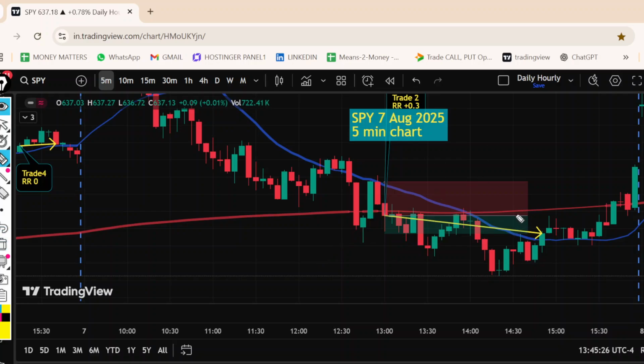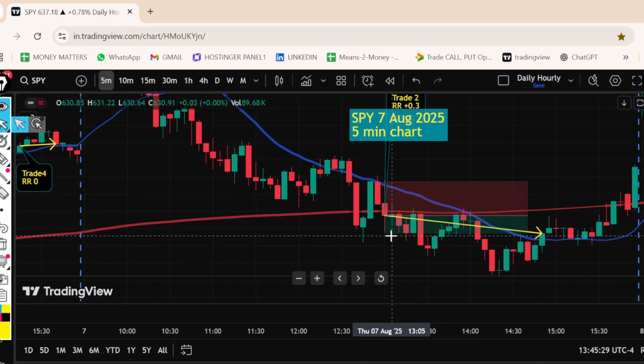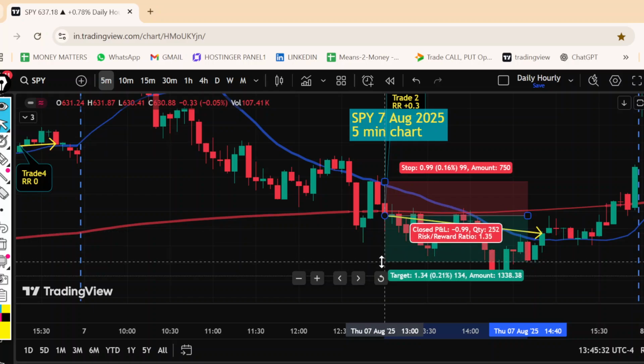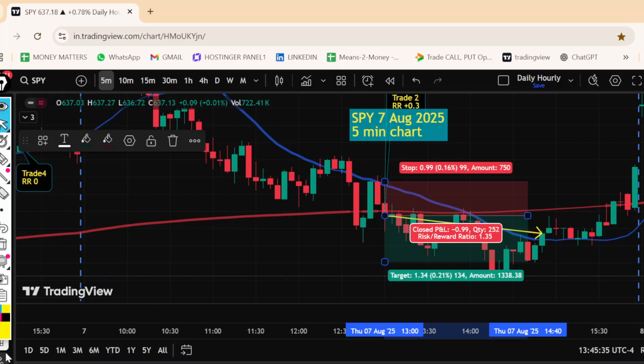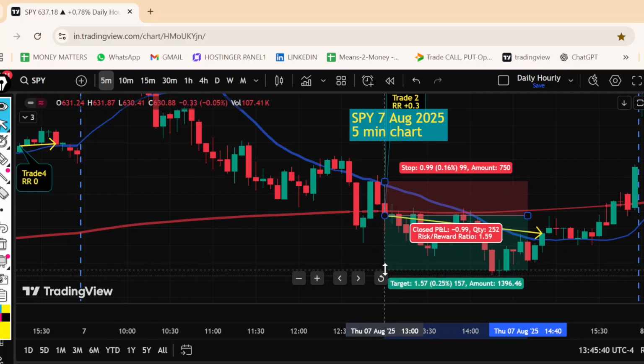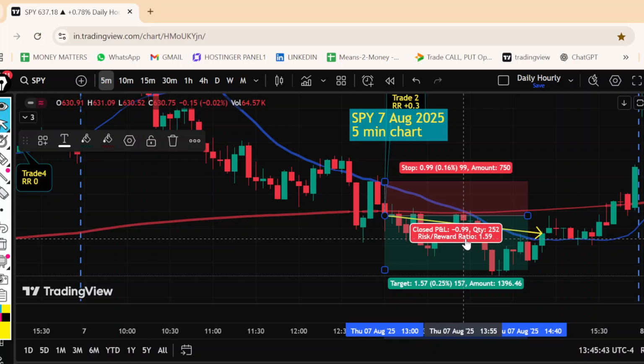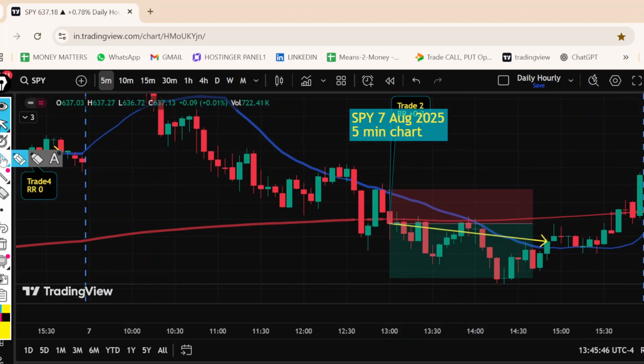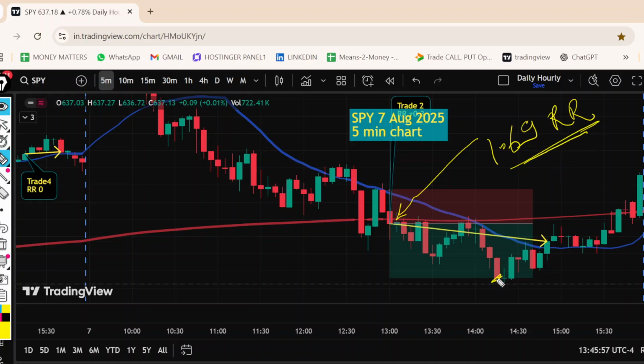If you see our risk reward tool, if you put it here, the risk reward ratio, at the maximum, it had reached is 1.69 at this level, but we generally need 1:2 minimum to take the trade. So we didn't close it here.